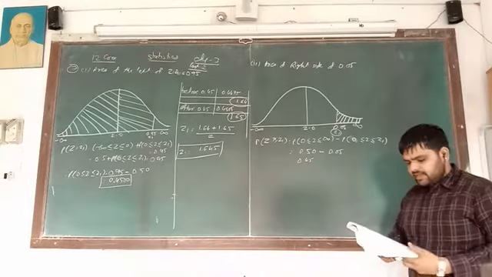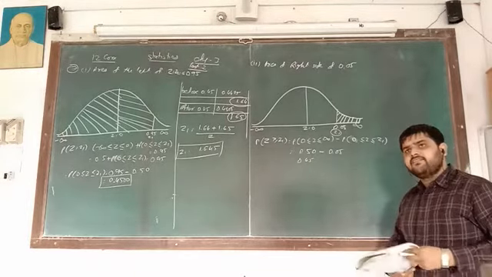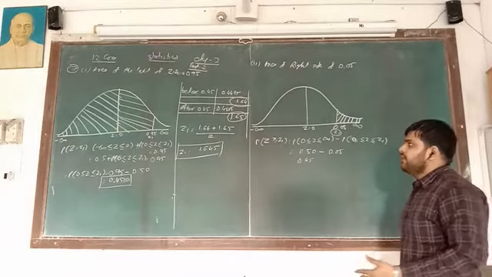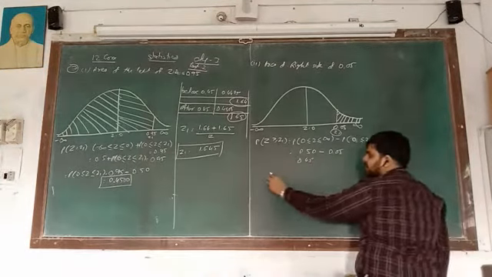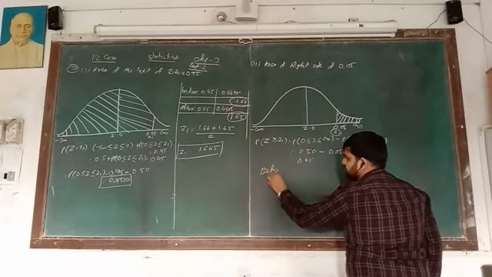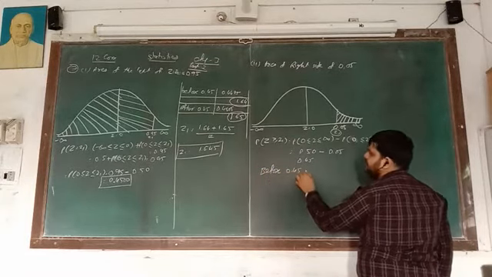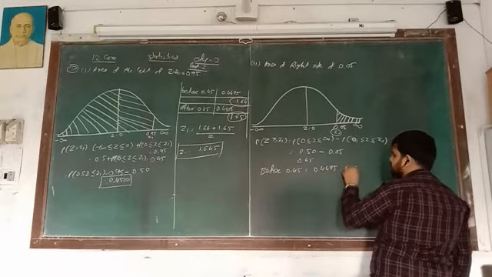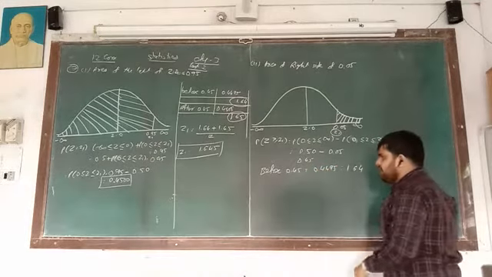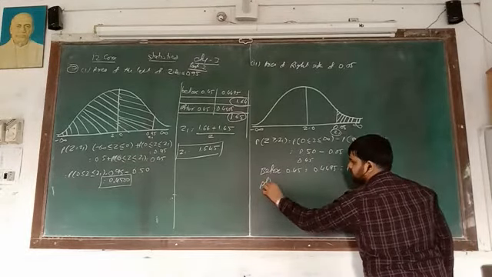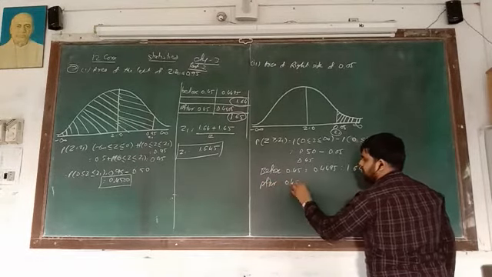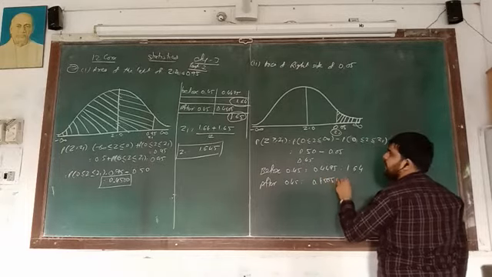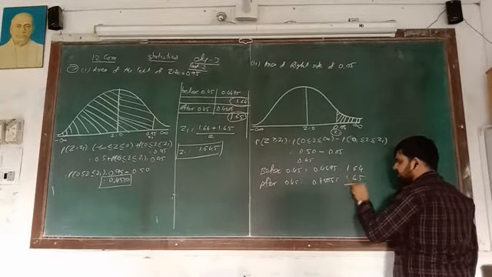That is your answer. Now again we have to find 0.45 in the Z score table. Same as before, 0.4495 is 1.64, and after 0.45, 0.4505 is 1.65.